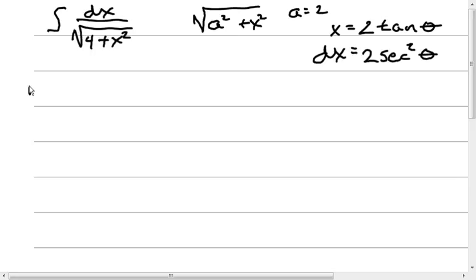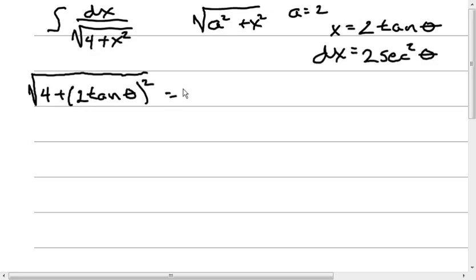We've got the square root of 4 plus, now not x squared, we're going to do our substitution, so we get 2 tangent theta, and we have to square that. We get a 4 and a tangent squared, so that is equal to 4 times 1 plus tangent squared theta.